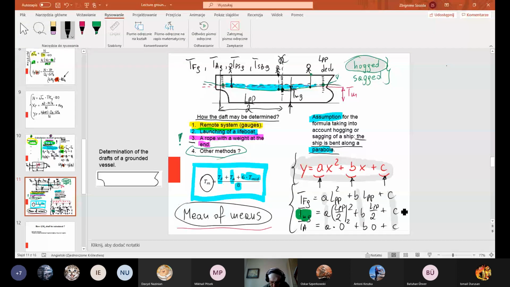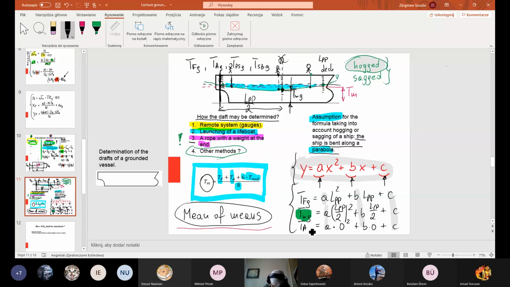Okay, and one formula below it's like aft. Yes, aft. I did assume here this is the aft perpendicular. So the ordinate of the aft perpendicular is just 0. If we have the aft perpendicular here and we measure draft at the aft perpendicular, it is just TA.